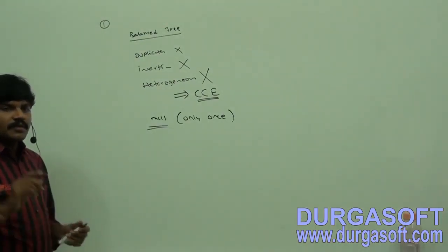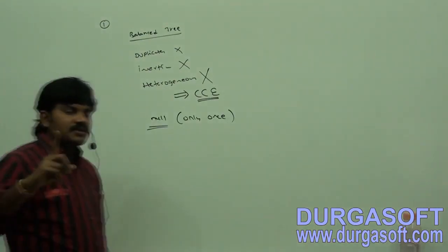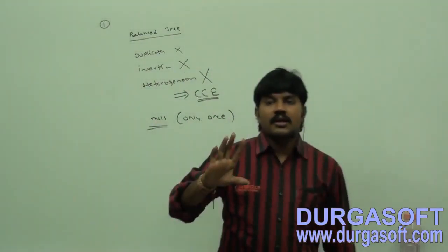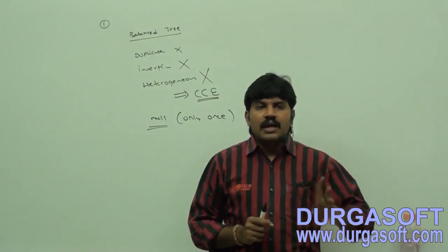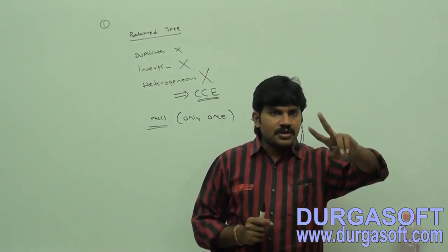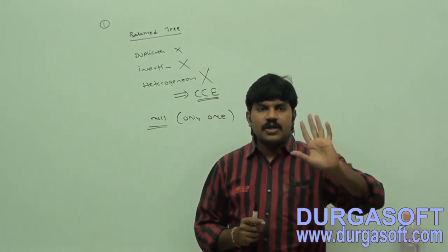Next, all objects will be inserted based on some sorting order. It may be the default natural sorting order or a customized sorting order. Both options are there. How we can implement that part I will discuss anyway.